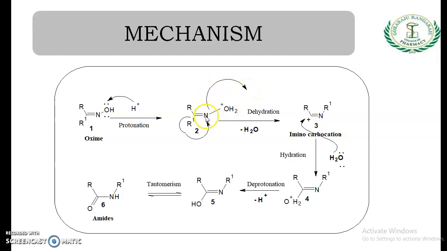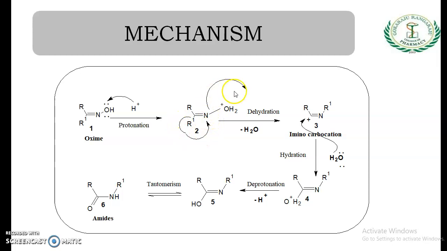When it leaves, it takes the electrons along with it, creating a deficiency of electrons at the nitrogen. Simultaneously in this step there is a migration of a group, that is the R1 group, whether an alkyl group or an aryl group, that is exactly opposite to the hydroxyl group, and it starts migrating towards the electron deficient nitrogen atom.